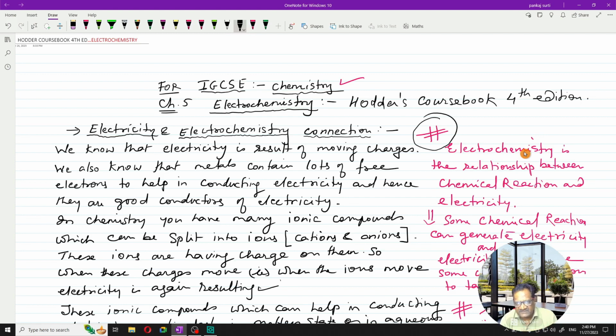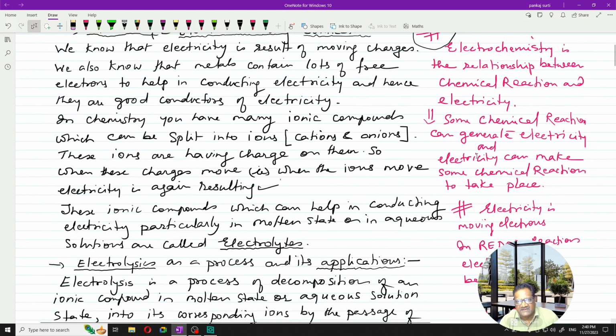Some chemical reactions can generate electricity, and electricity can make some chemical reactions take place. It works both ways. Some chemical reactions are such that while the reaction is going on, it can generate electricity. The reverse is also true: electricity can make some chemical reactions take place which otherwise would not have been possible.